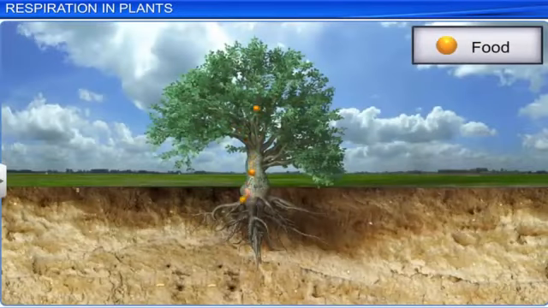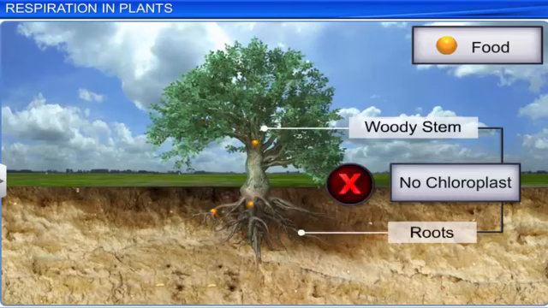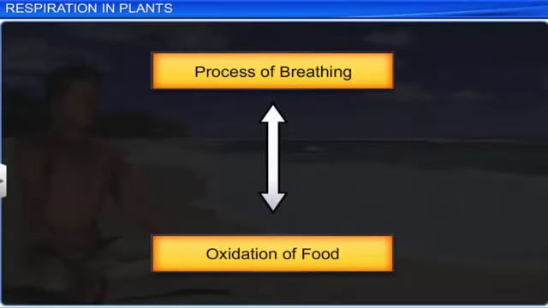All other non-green parts such as woody stem and roots don't have chloroplast, and hence they have to be supplied with food from leaves. The process of breathing is connected to the oxidation of food inside the cells.